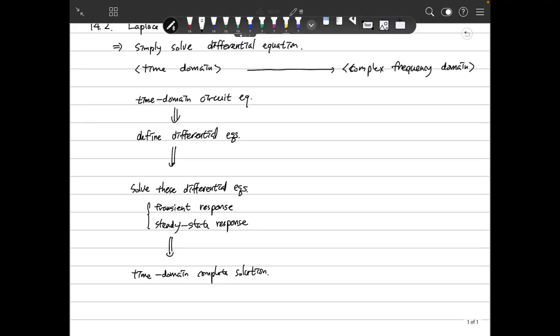That is the procedure to solve the electric circuit in the time domain. Then in the complex frequency domain, we change this defined differential equation using the Laplace transform, and we get a simple equation in the frequency domain. Then we need to solve the equations.